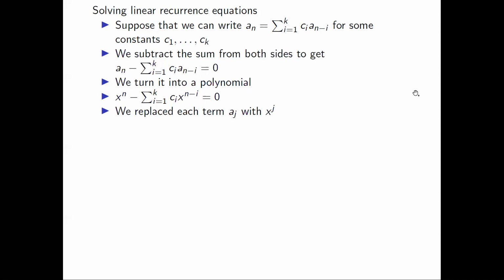So all we did to get that equation was to replace each a sub j with x to the j. Notice that we can also factor out an x to the n minus k, and this produces a polynomial equation where the left side has degree k.